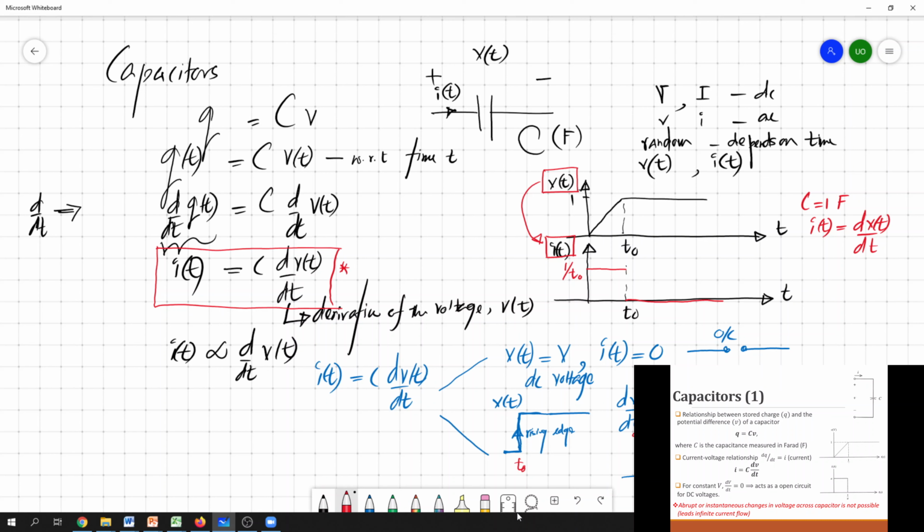So if you have this kind of rising edge, ideally the current induced across the capacitor would be infinite, but it's not practical. At these edges, your current jumps to its maximum and immediately drops to 0 in this case. This is harmful for the capacitors.